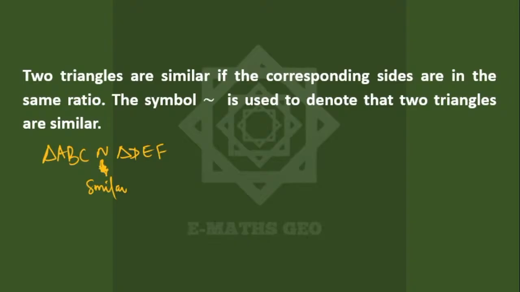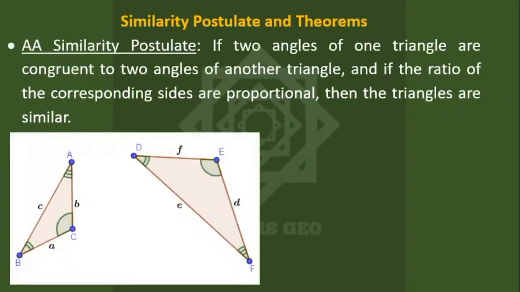So let's look at the similarity postulate and theorems. The first one is the AA similarity postulate. It says if two angles of one triangle are congruent to two angles of another triangle, and if the ratio of the corresponding sides are proportional, then the triangles are similar.